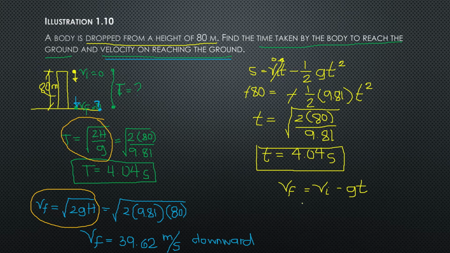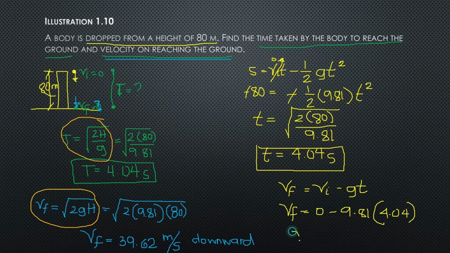So the final velocity for reaching the ground is 0 minus 9.81 multiplied by 4.04.